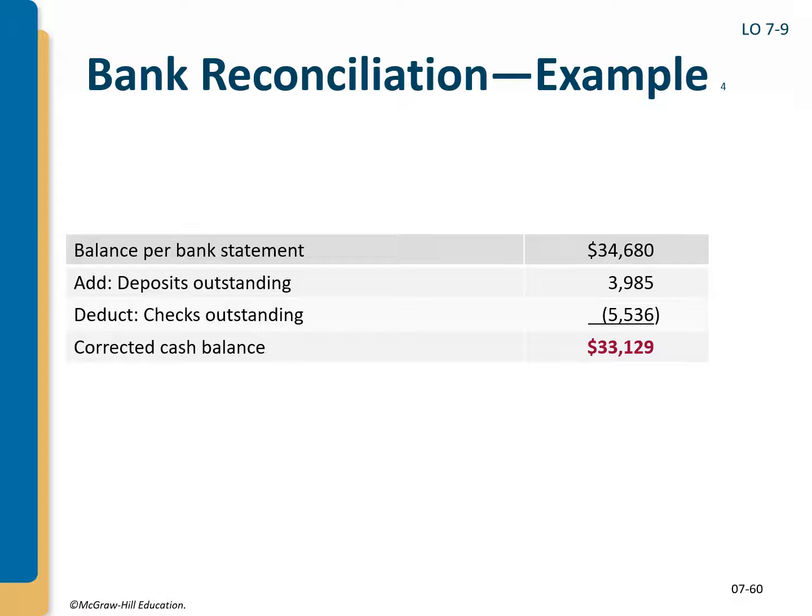It starts at $34,680. There were two deposits missing. They needed to be added in. The checks that have not been cashed yet need to be subtracted out. So what we're saying here is if the bank did know about these missing items, the bank statement balance would have been $33,129. Okay.